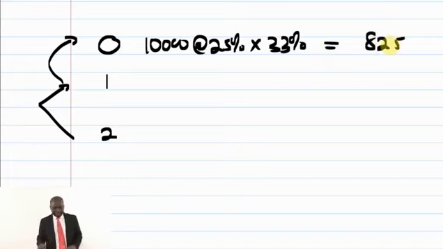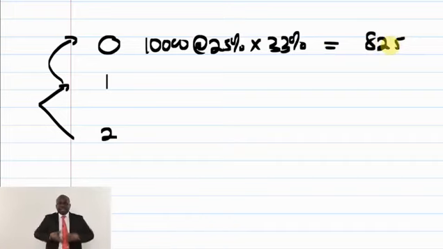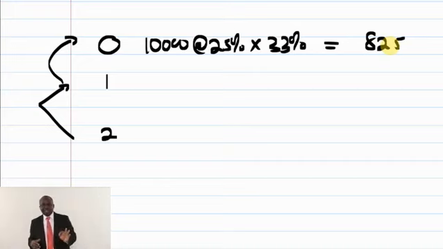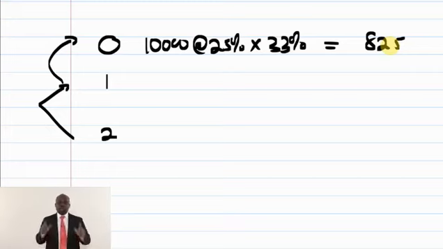Now be with me. Even though the asset is for 2 years and we are carrying forward the capital allowance, we cannot carry forward the balancing charge or the balancing allowance. The balancing charge and the balancing allowance only come in if and only if the asset is sold.